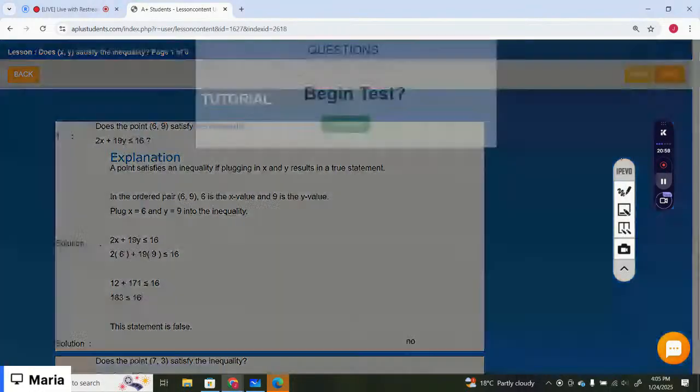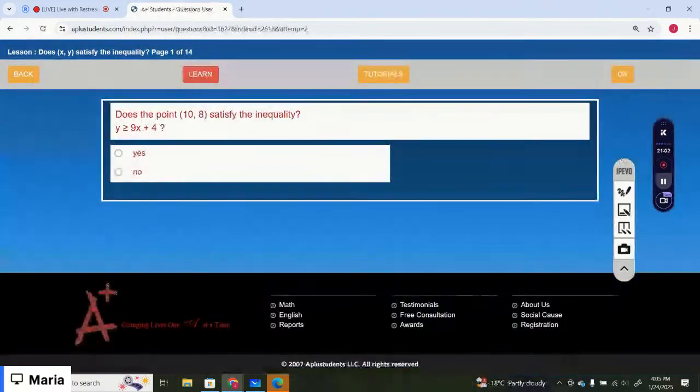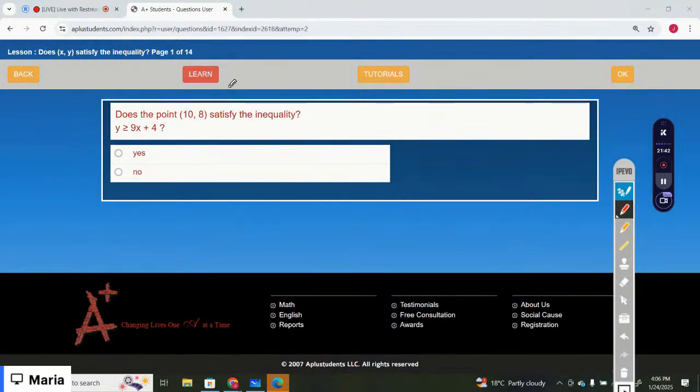Let's just start with the test questions. Does the point (10, 8) satisfy the inequality? X is 10, y is 8.